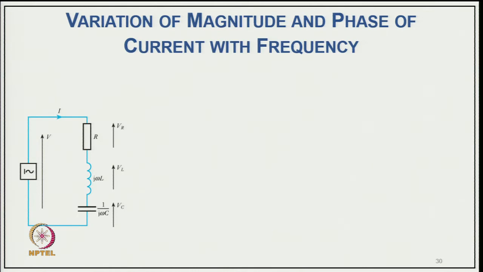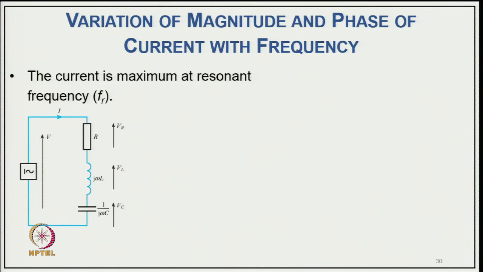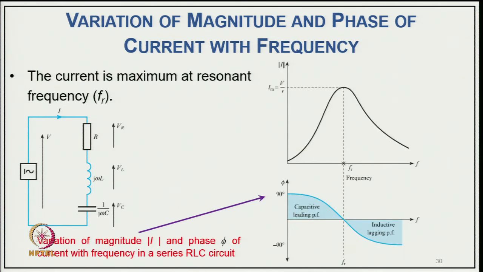Then the variation of magnitude and phase of the current with frequency. The current is maximum at the resonant frequency, and you can see the variation of the magnitude and phase of the current with frequency here. At resonance frequency the current is maximum and its phase is 0, because the circuit operates at unity power factor.